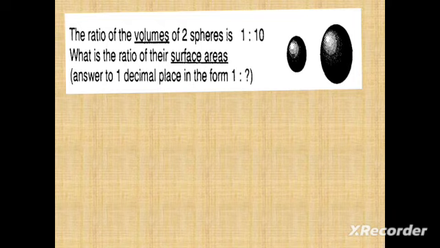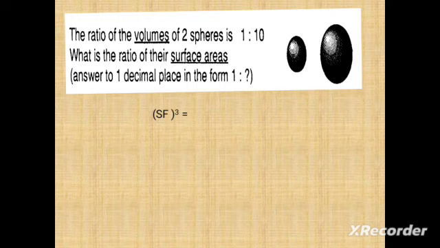What is the ratio of their surface areas? And there's a condition, answer to one decimal place in the form 1 to something. So in this case, we have been told the ratio of volumes. So if these are volumes, then we are dealing with the volume scale factor.